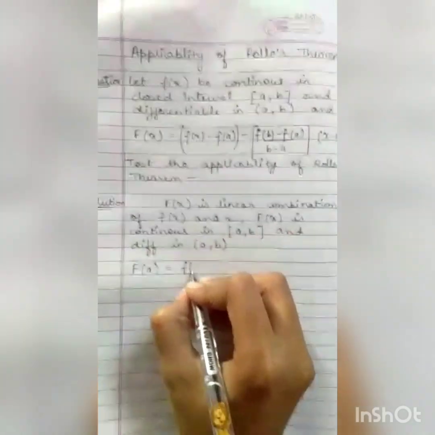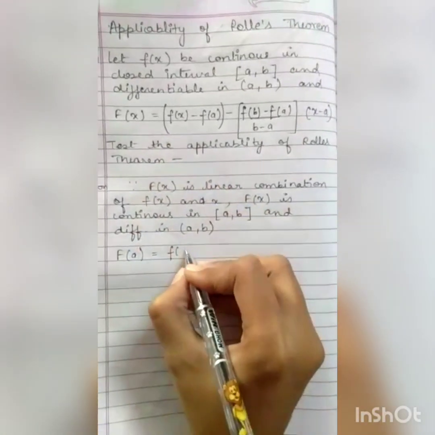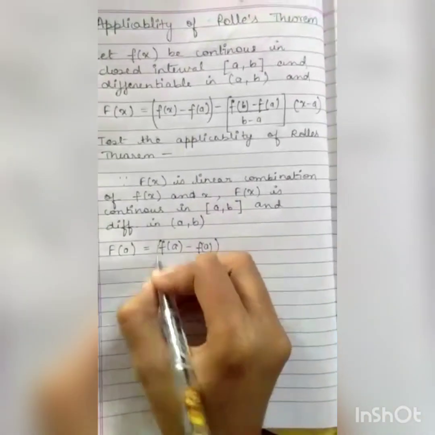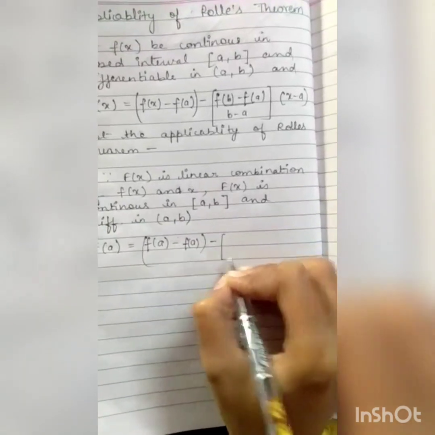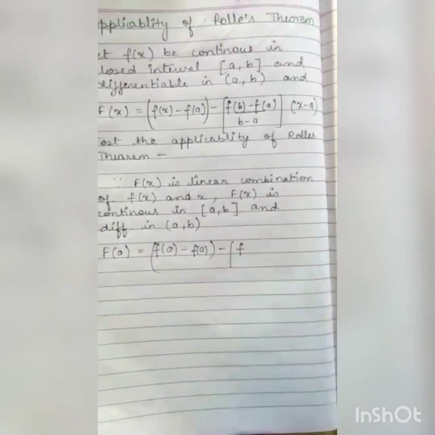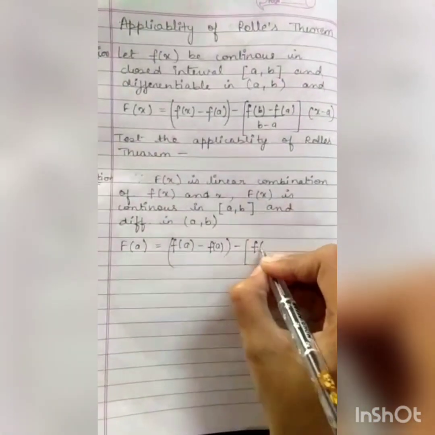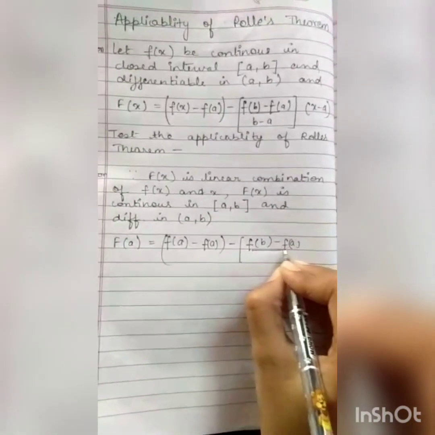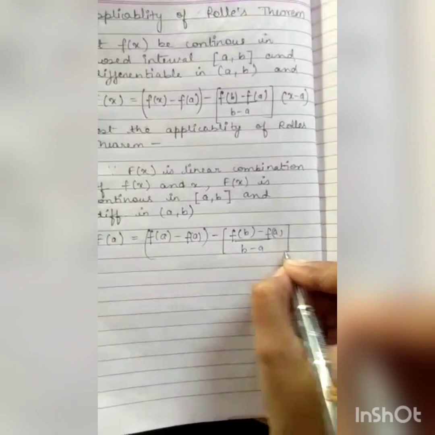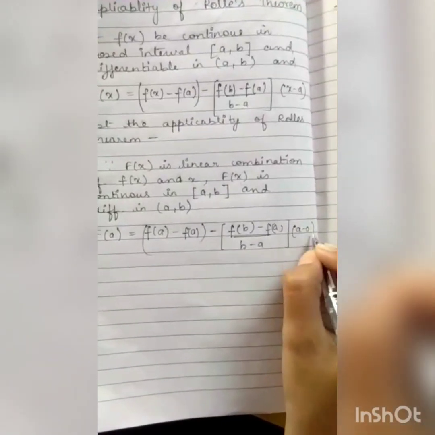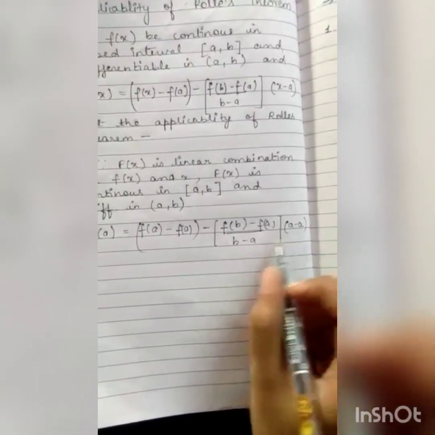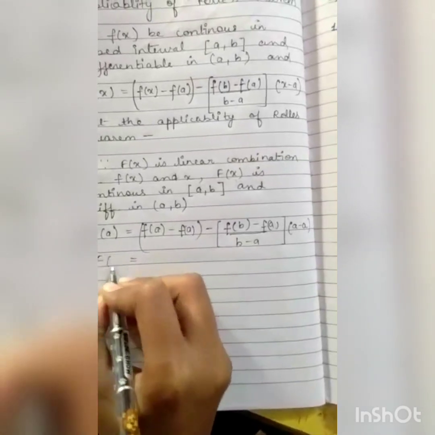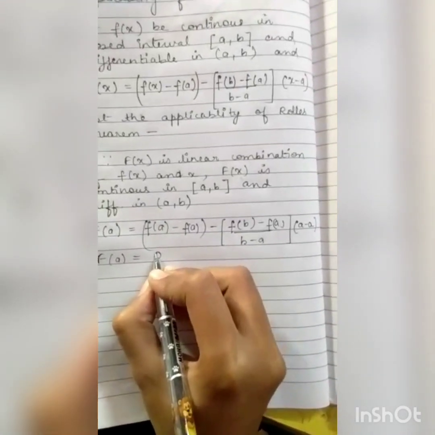So this will be, in place of x we will put a: f(a) minus f(a) minus [f(b) minus f(a)] upon (b minus a) into (a minus a). So this term will become 0 and the term a minus a will also be 0. So we see that F(a) comes out to be 0.